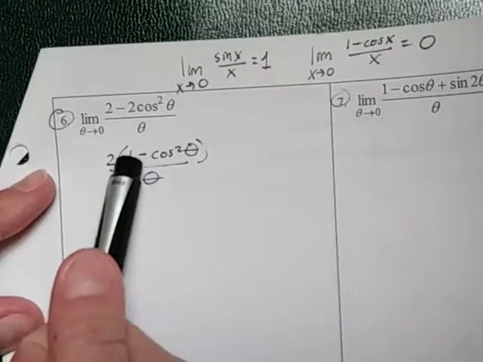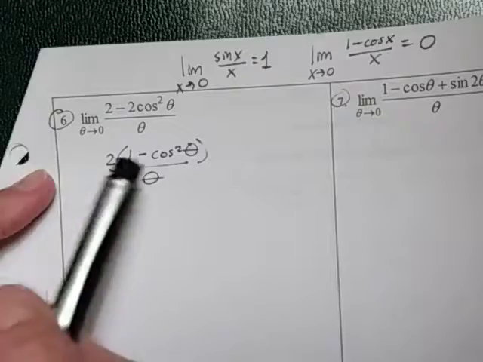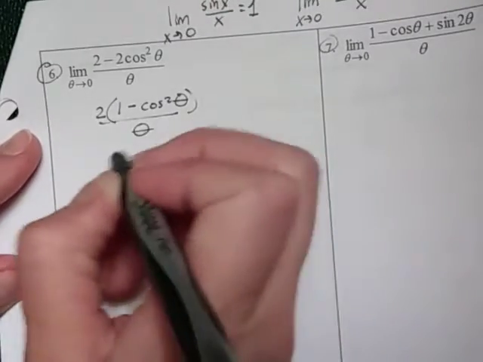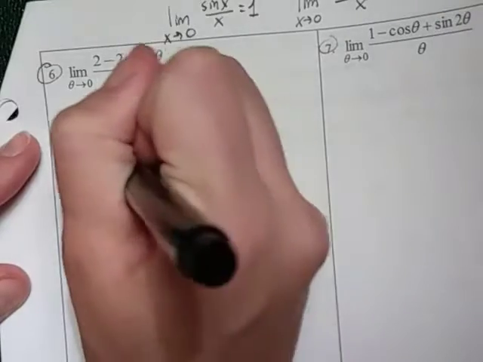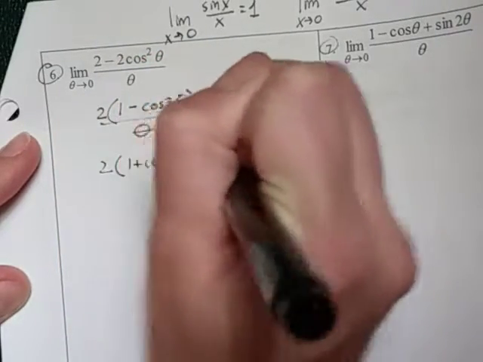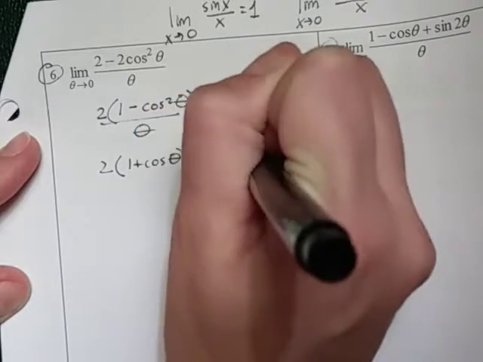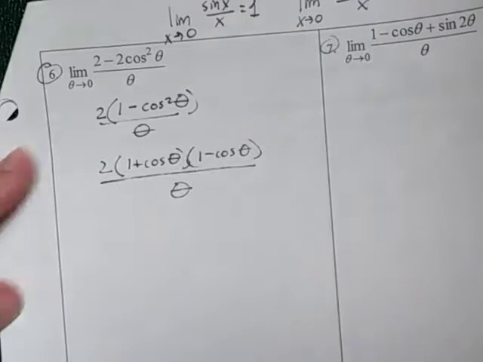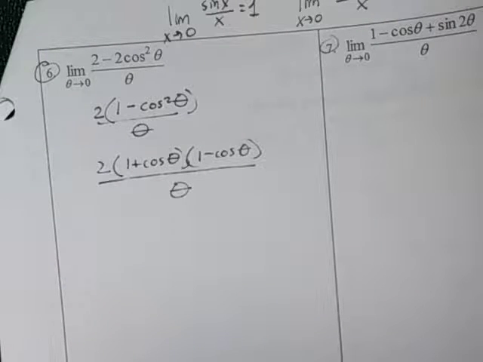And hopefully you recognize from our Pythagorean identities that this is the difference of squares. So I'm going to factor that. I have 2 times 1 plus cosine times 1 minus cosine over theta. There we go.